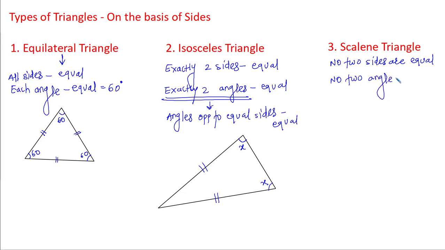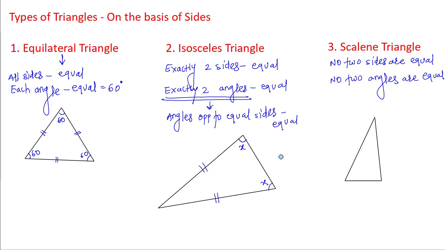It means all three sides are of different lengths and all three angles are of different measurements. Look here, the diagram is not drawn to scale. This is how a scalene triangle looks, where all three sides are of different length and each and every angle is of different measurement.